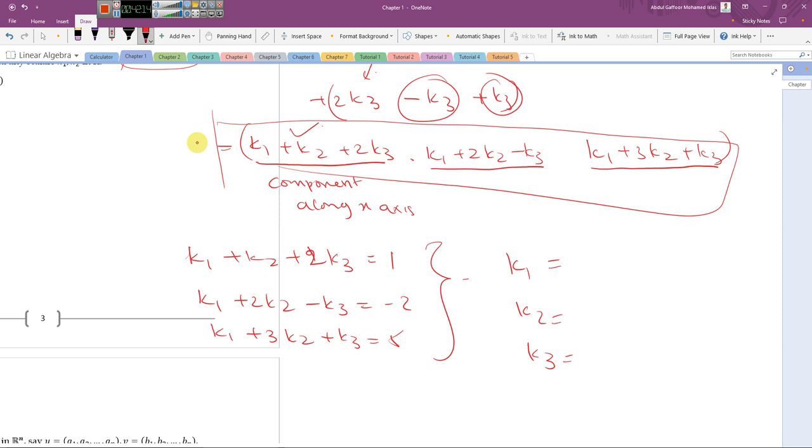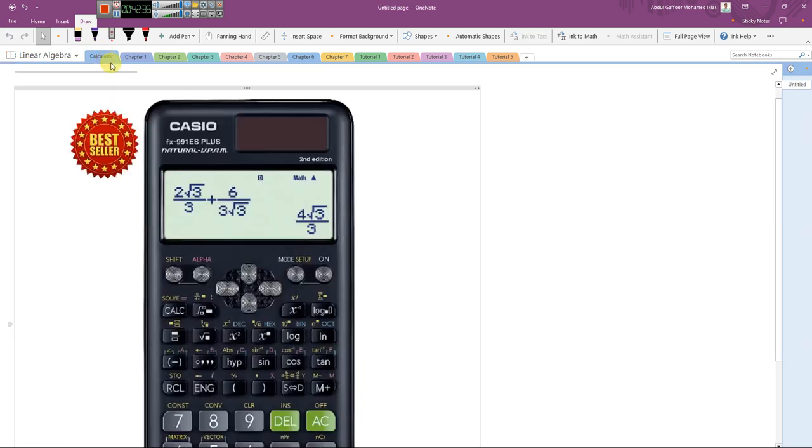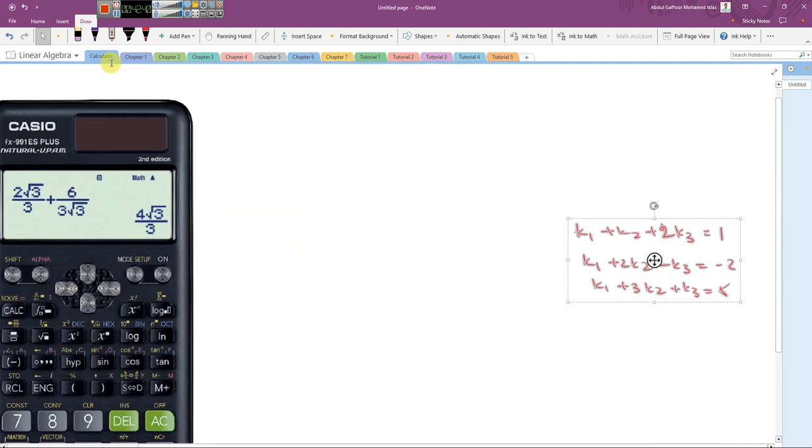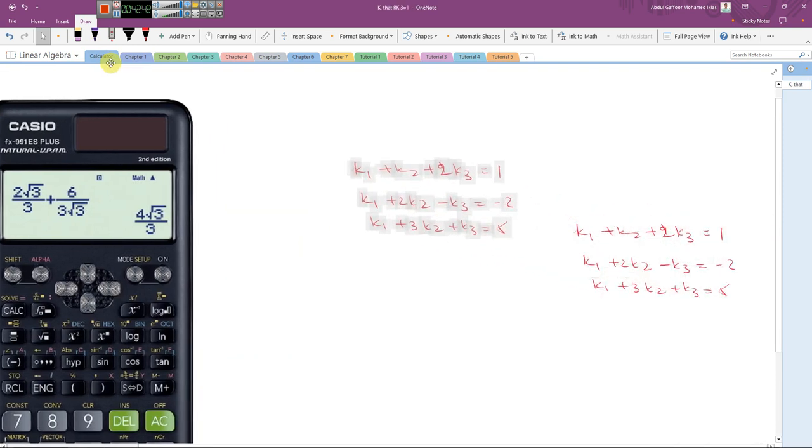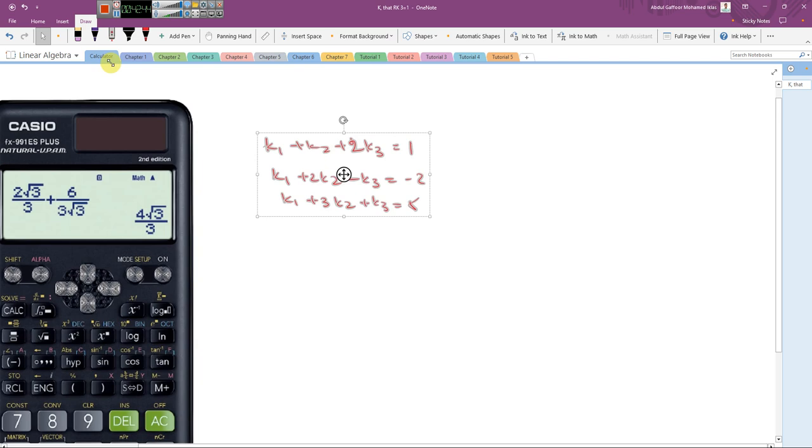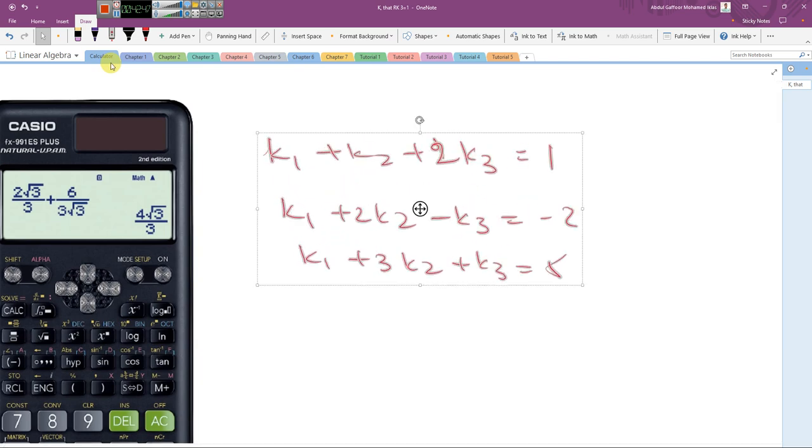If you are using a Casio FX991ES Plus calculator, then I will show you how you can find the values for these simultaneous equations. Right, so let me go to the calculator. So this is our calculator. We have to solve this system of equations.